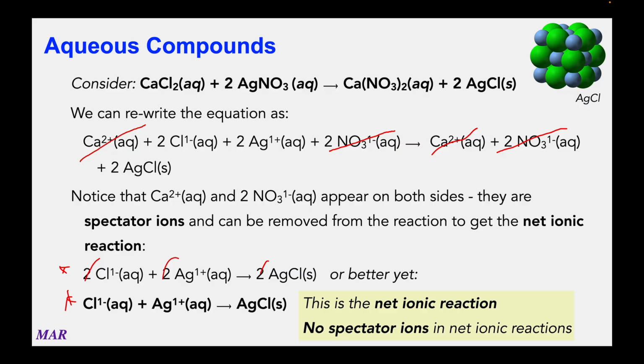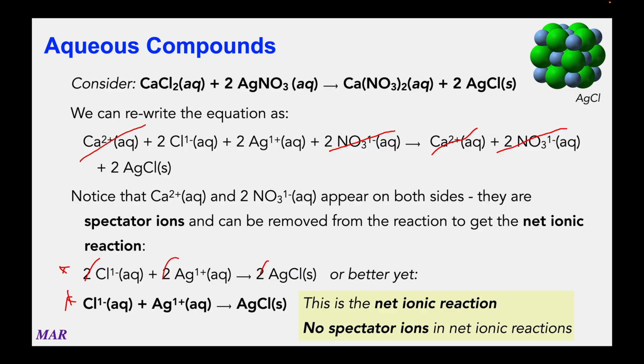And why this is important is because maybe we didn't have any calcium chloride available when we were doing this reaction. And we're like, oh, geez, we wanted to make silver chloride so bad. Well, add another source of chloride. Maybe you could add hydrochloric acid, HCl, AQ, or you could add sodium chloride, NaCl, AQ.